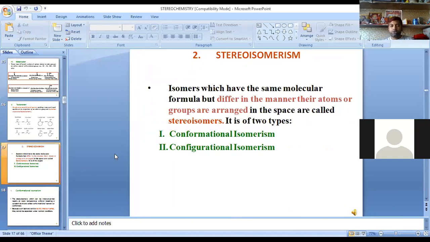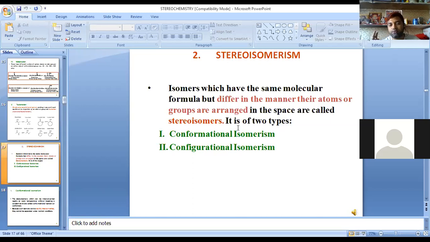What I have told you: stereoisomers have the same molecular formula, the same structural formula, but the only difference is that the arrangement of atoms in space is different. Isomers which have the same molecular formula but differ in the manner their atoms or groups of atoms are arranged in space are called stereoisomers.